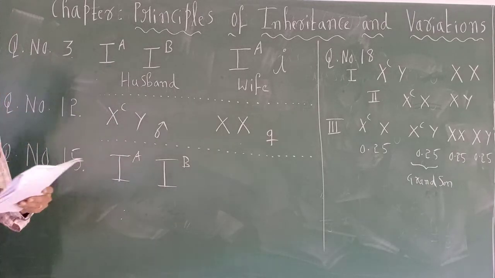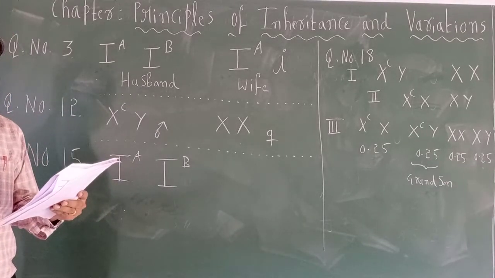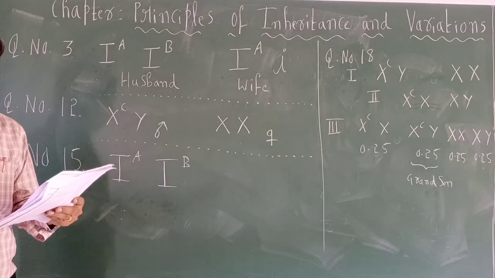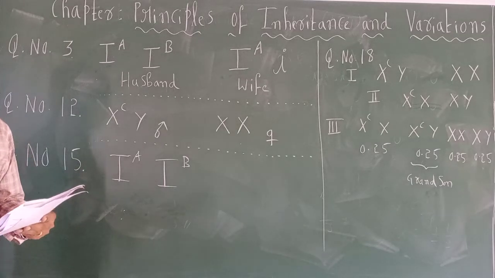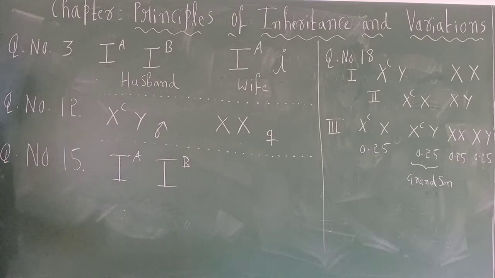Okay, next question, the 27th question. Which Mendelian idea is depicted by a cross in which the F1 generation resembles both the parents? Again, what is tested here? The concept called codominance.